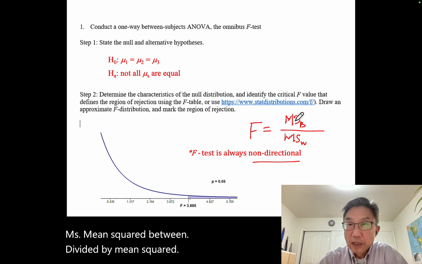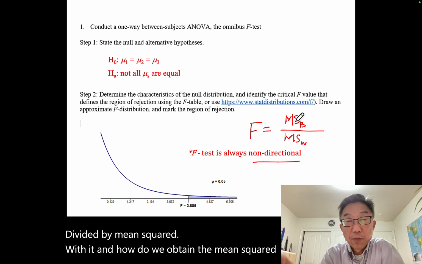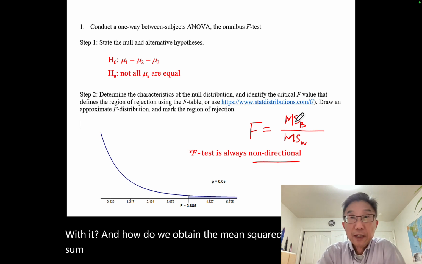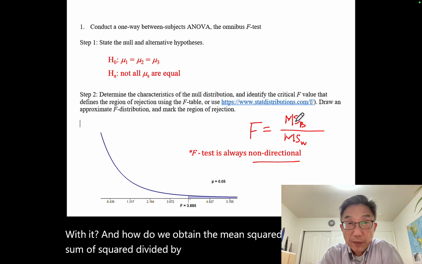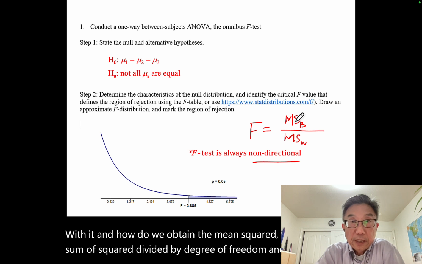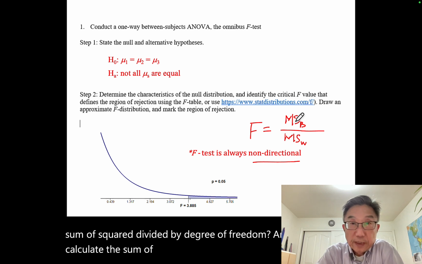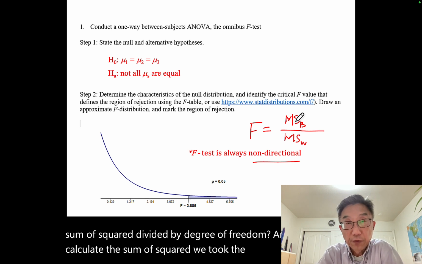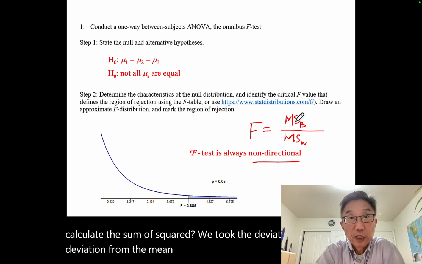And how do we obtain the mean squared? It starts from the sum of squares divided by degrees of freedom. And how did we calculate the sum of squares? We took the score deviation from the mean, and we take the square.